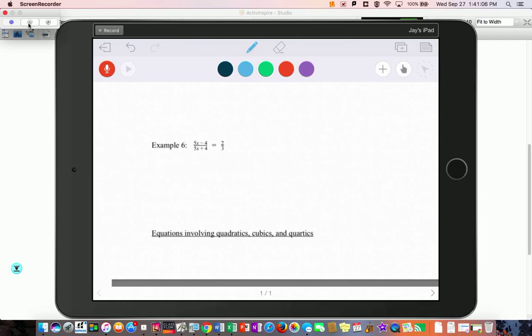On this last one, one other technique you could have used on the problems before is you could have got each side a common denominator and just created 2 rational expressions on both sides. So that's kind of what we have here. And you can just cross multiply. So I can take 3 times the 5x minus 4, and I can take the 2 times 5x plus 4. So top to bottom, bottom to top.